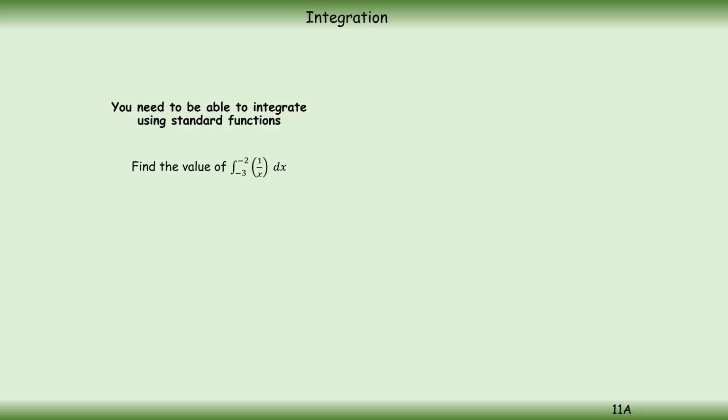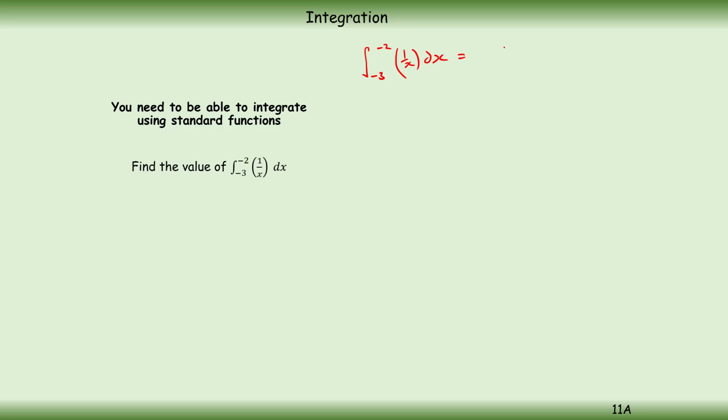Okay, so this is a nice example of a definite integral. We want to integrate between -3 and -2, 1 over x, with respect to x. And we'll do the integral first.